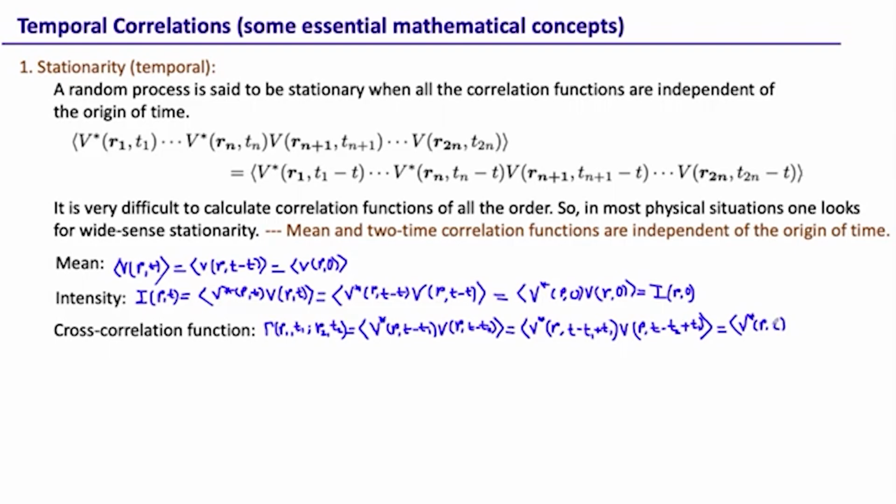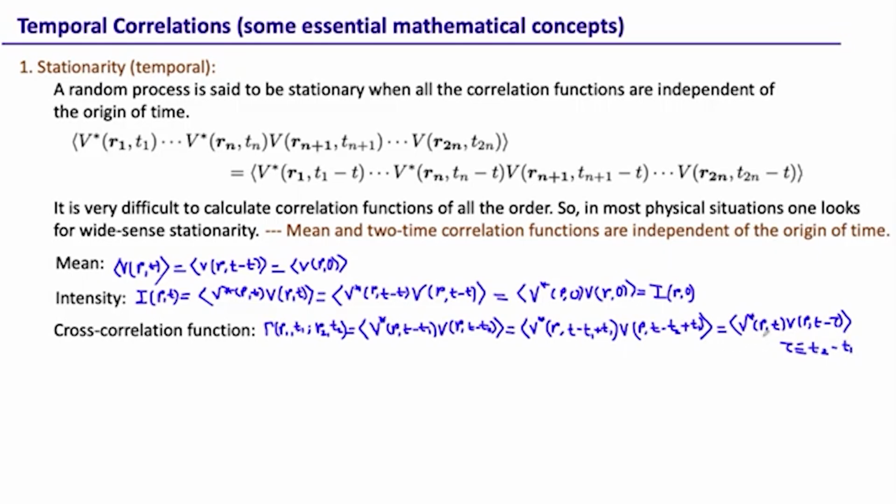So what we end up with is t, and this one is V (r2, t minus tau), where tau is t2 minus t1.